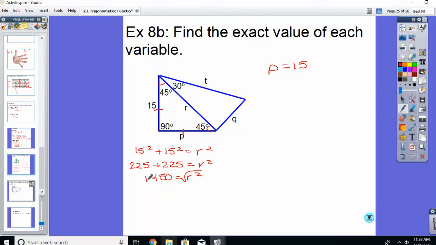Square root, we're talking about a length, so it would be positive. How would you break down 450? 225 and 2. Square root of 225 is 15, so R is 15 radical 2.